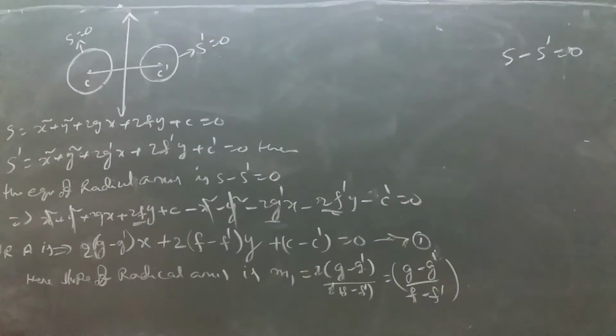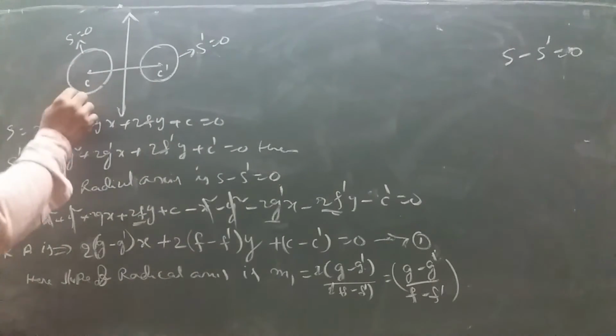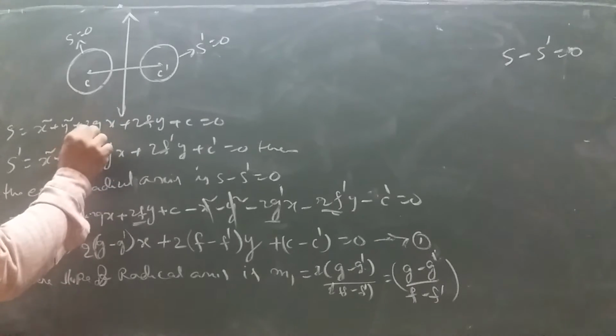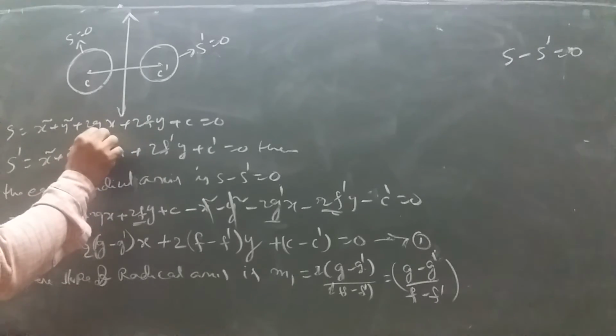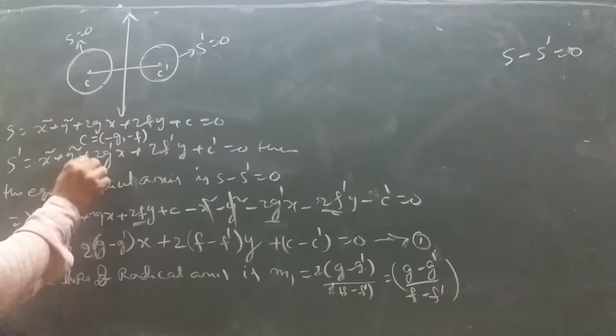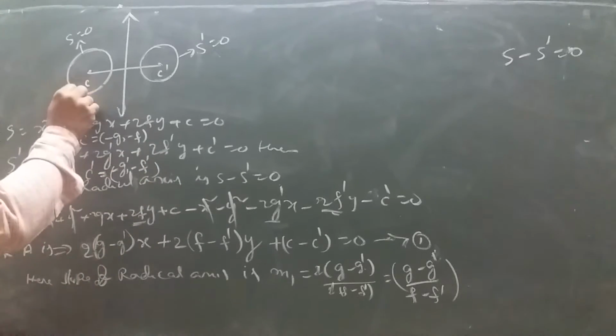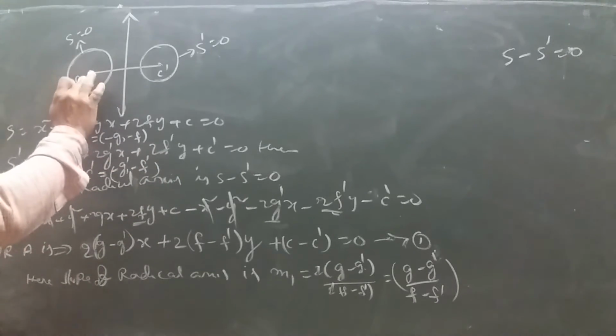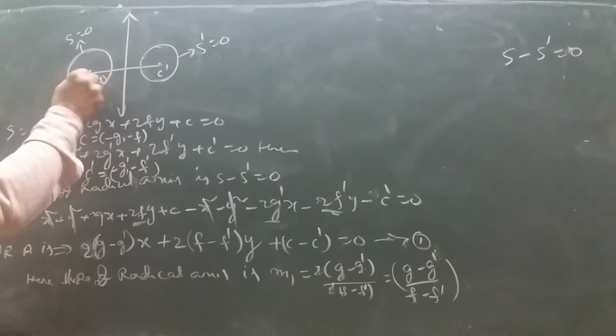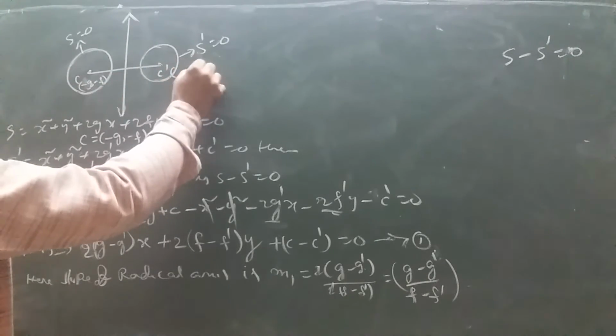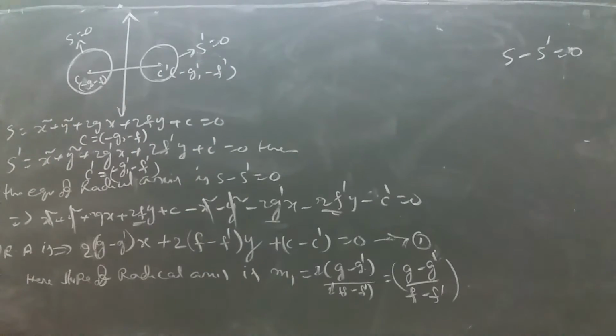Similarly, the center of S is equal to 0 is C, minus g comma minus f, and C dash is minus g dash comma minus f dash. Then the slope of CC dash is y2 minus y1 by x2 minus x1.